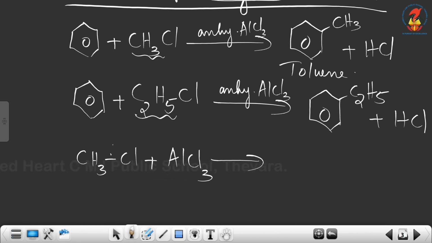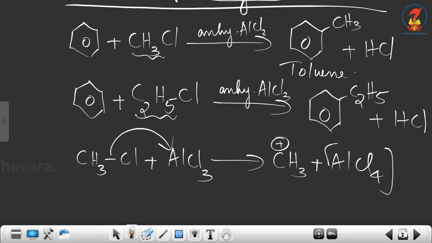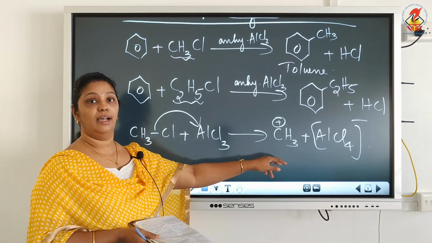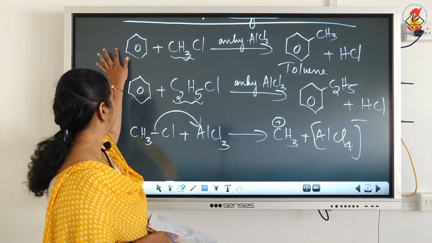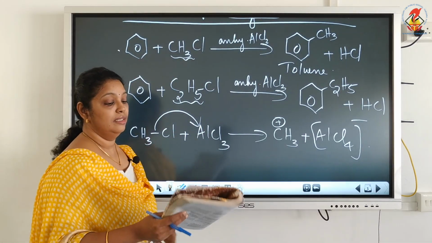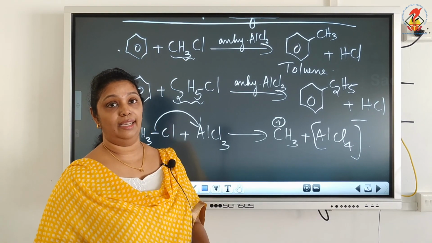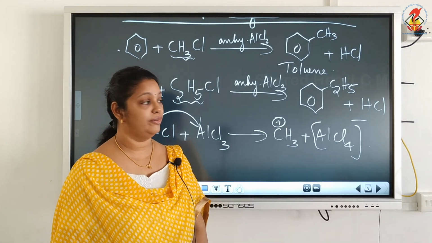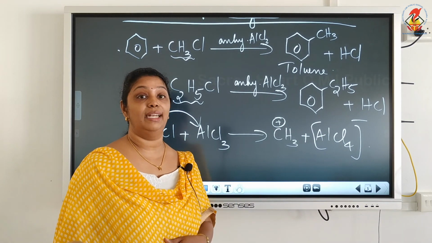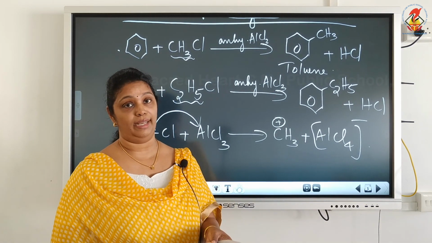This bond will be taken by AlCl3, so CH3 will become CH3+ and AlCl4-. So the methyl carbonium ion will be acting as the electrophile in this reaction. So this is Friedel-Crafts alkylation. The reagent used is alkyl halide in presence of anhydrous aluminum chloride. We get alkyl benzene as the product.